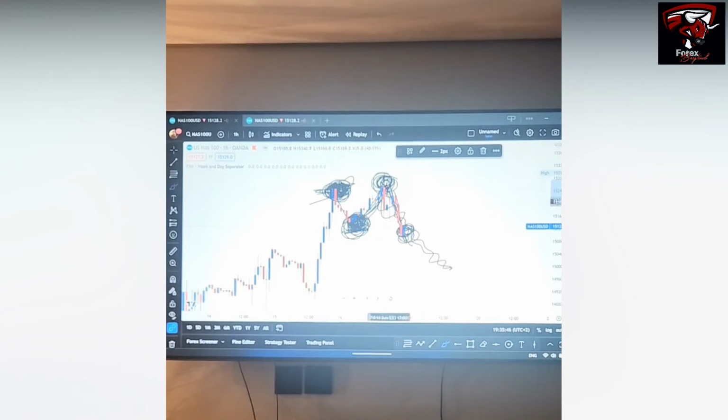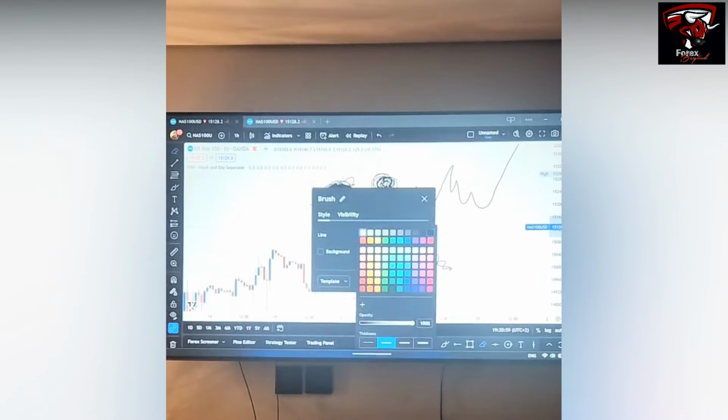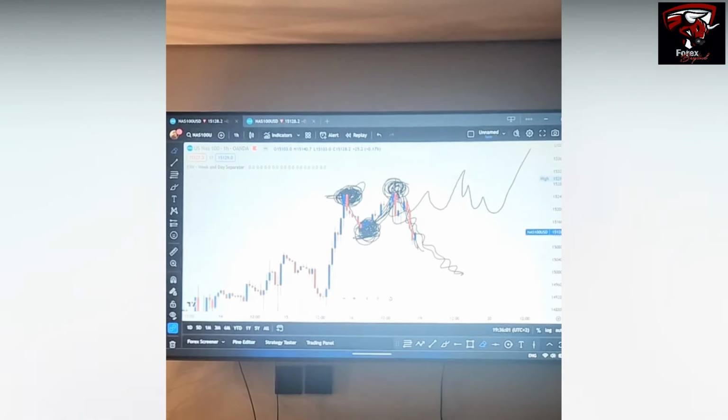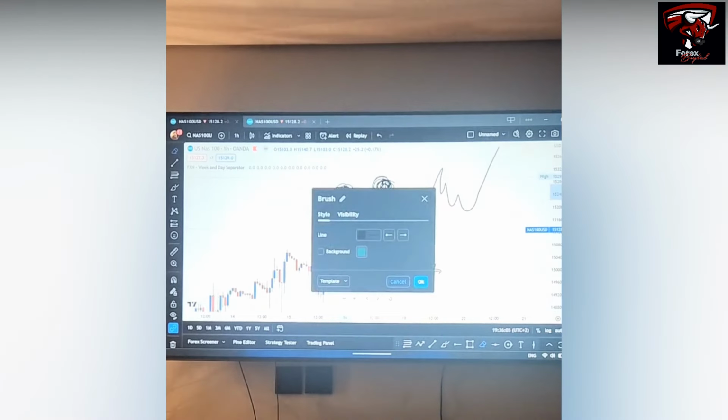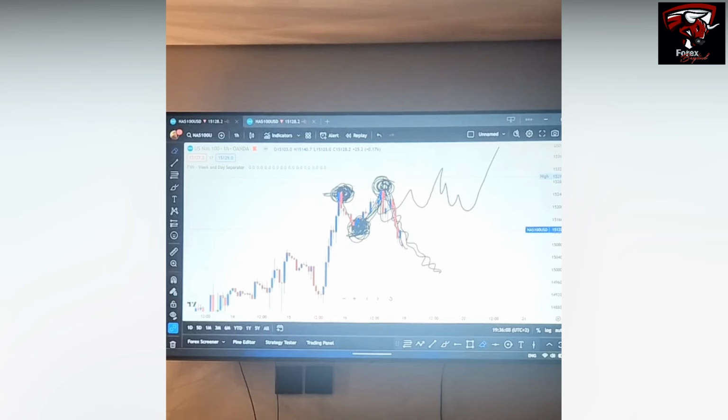Because normally price can just do something like that and range and then all of a sudden go higher. But there was a confirmation for me, which I'm going to show you, that will then give you an understanding on what to expect in regards to price and what price is actually doing.